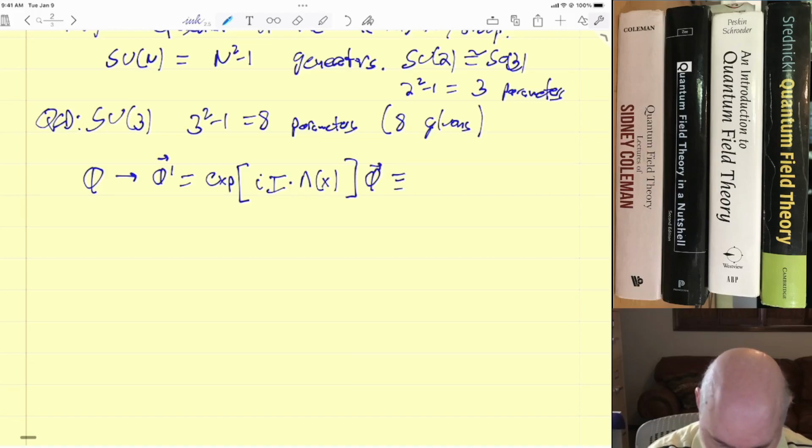And we're going to say, in general, we're going to get some matrix times phi. And in the case of the SU2 or SO3, this would be a 3 times 3 matrix.